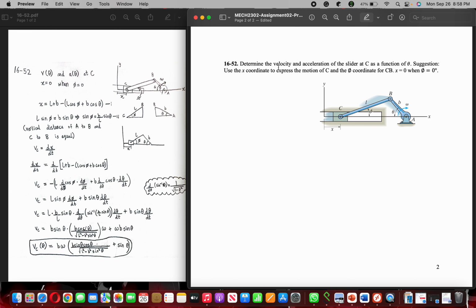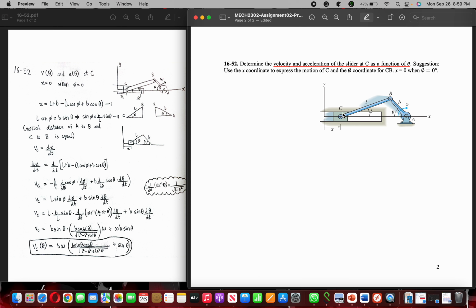It says determine the velocity and acceleration of the slider at C as a function of theta. So this is a slider, and at C we have to find the velocity and the acceleration as a function of theta.